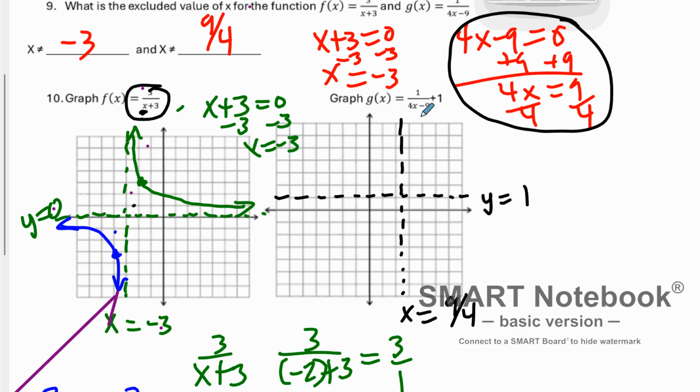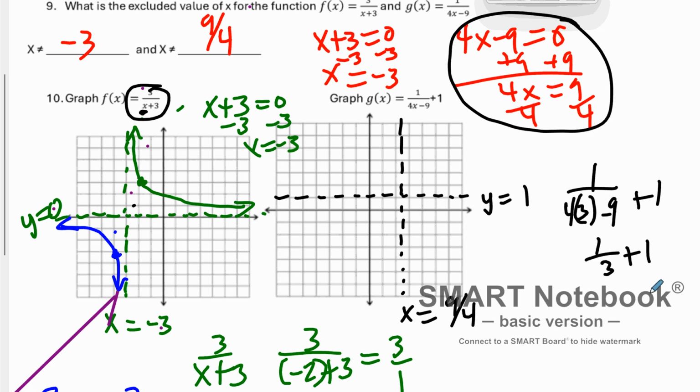What's going to be the best is probably numbers close to 9/4, so around 2 1/4. So really we probably want to plug in just 3. So 4 times 3 minus 9, that would be 12 minus 9, which is 3. So 1/3 plus 1.